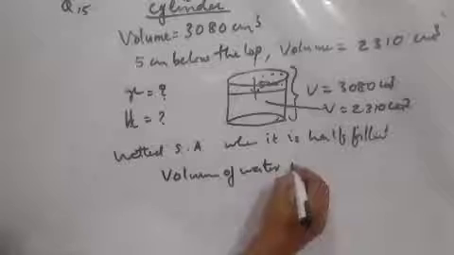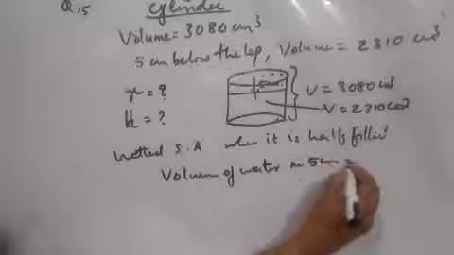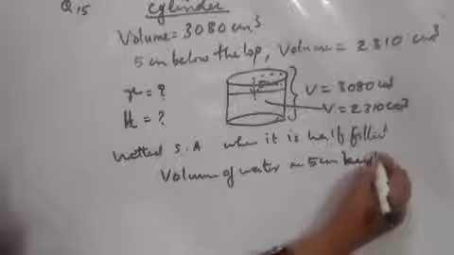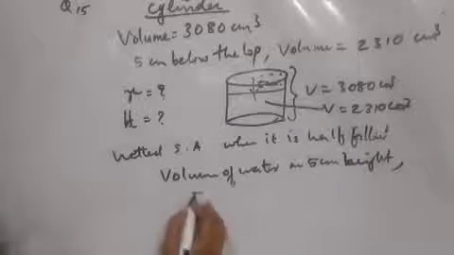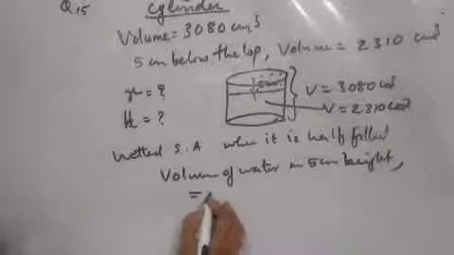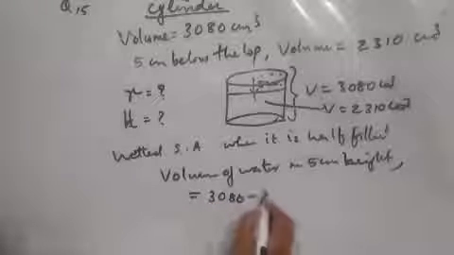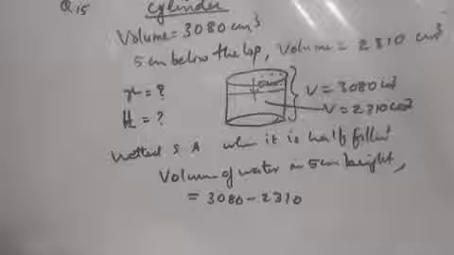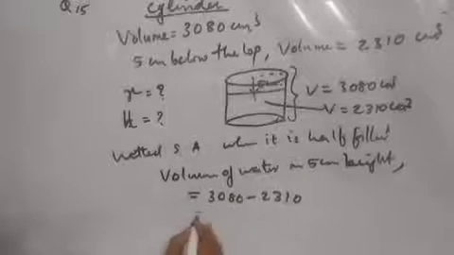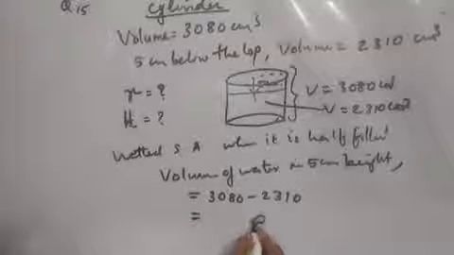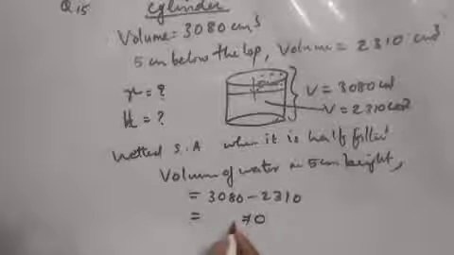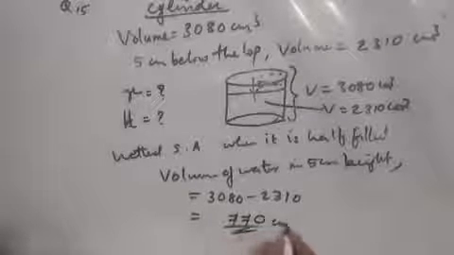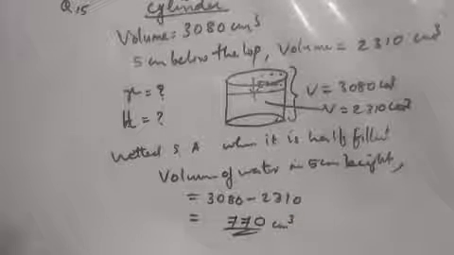We can equate the volume of water in the height of 5 centimeter to 3080 minus 2310. The difference will be 770.